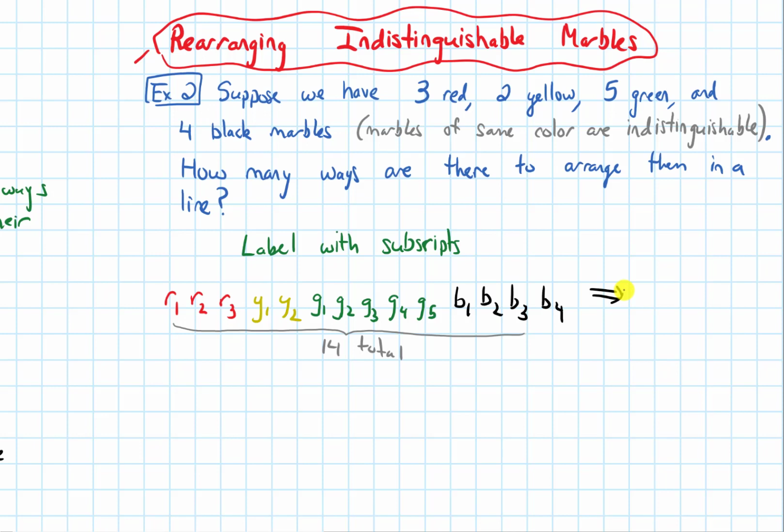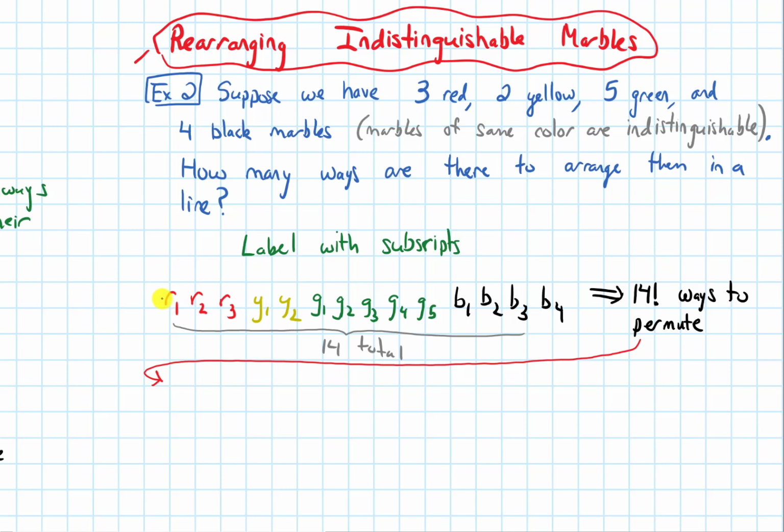So at first glance, because we have 14 objects, we notice that there's 14 factorial ways to permute them, to rearrange these. But as we've seen before, because we have these objects that are identical, and this happened in examples where we're rearranging the letters in a word, and there were multiple letters that were the same.